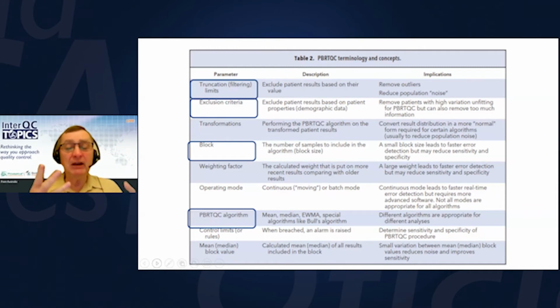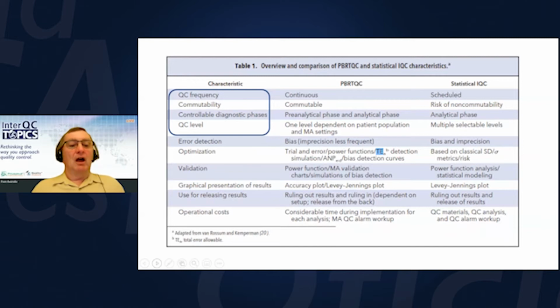But in fact, there are many other algorithms that you can use, and I'll give another idea shortly about the range of different algorithms. So means and medians and exponential medians are some, but if you think a bit more broadly, there's lots of other information that patient results can tell us that you can use in this form of QC.